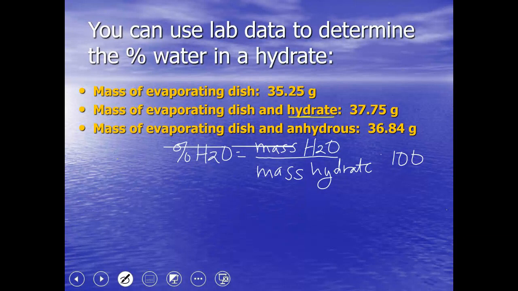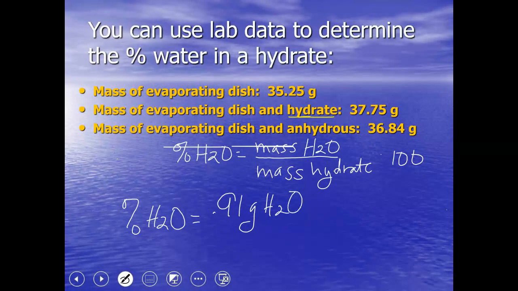So remember, we just calculated that in this particular case, there was 0.91 grams of water lost, and we had started with 2.5 grams of the hydrate.